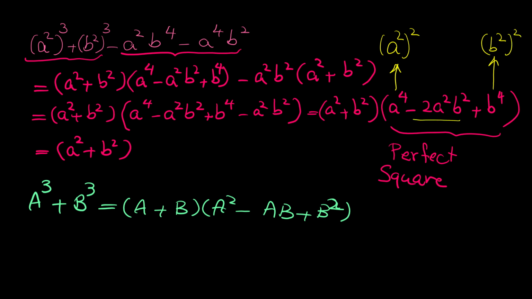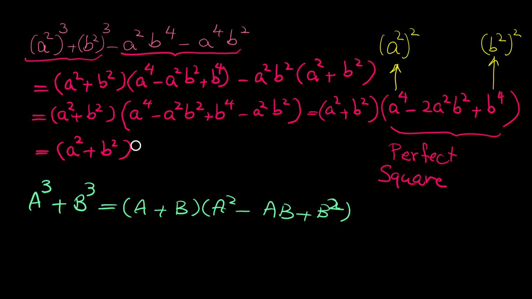And if you pay attention, this middle term is exactly a² times b² times this extra negative 2. Whenever the middle term is twice the product of these two, a² times b² is a²b². Twice of that is 2a²b². If the middle term is 2a²b² or negative 2a²b², this confirms that it is a perfect square.